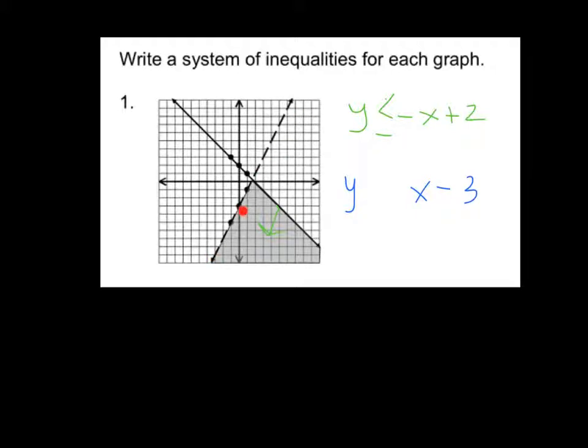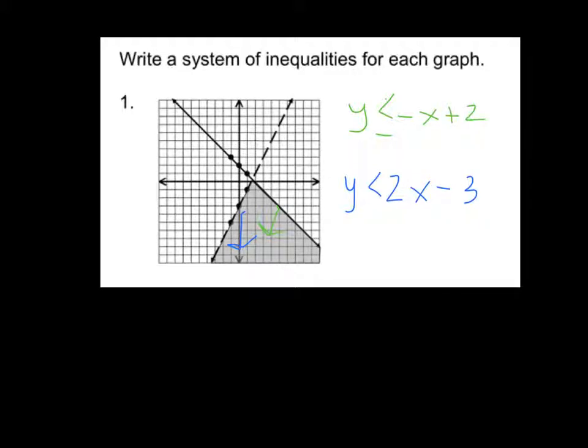If I start on my y-intercept, I have to rise 2 and run 1 to get back on my line, which makes my slope positive 2. Since this is a dashed line, I know that there is no equal to, so I'm not going to have the little line under my symbol. If I put my pencil on my line, I notice that this is also shaded below, so that means it was less than.